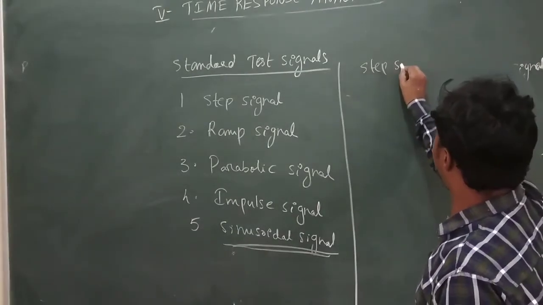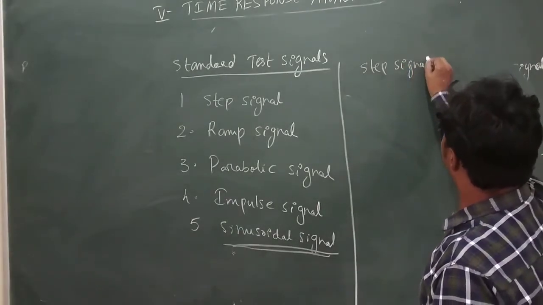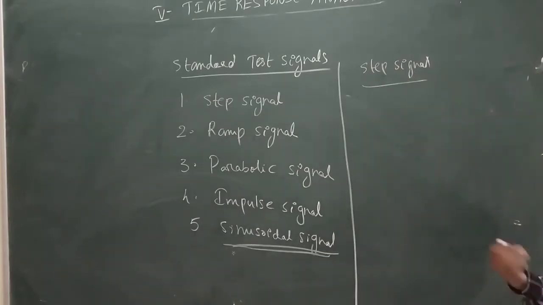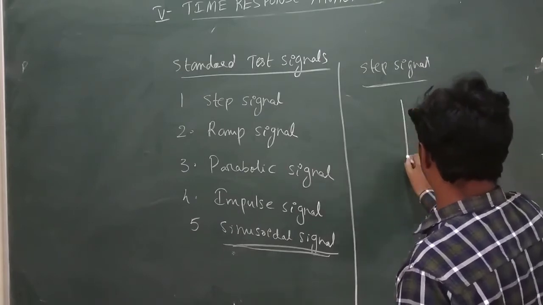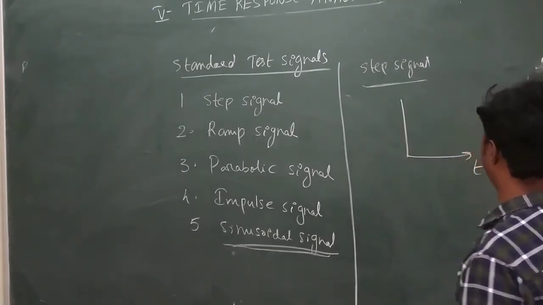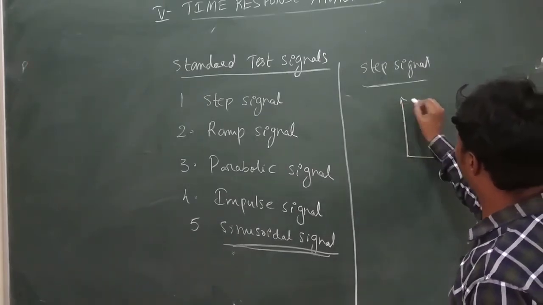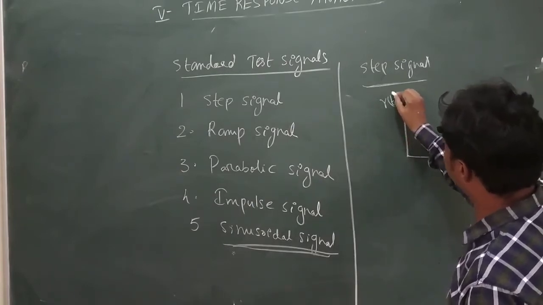For the step signal, we just see the graph. Here you see R of t, and this is R of t, an input signal.